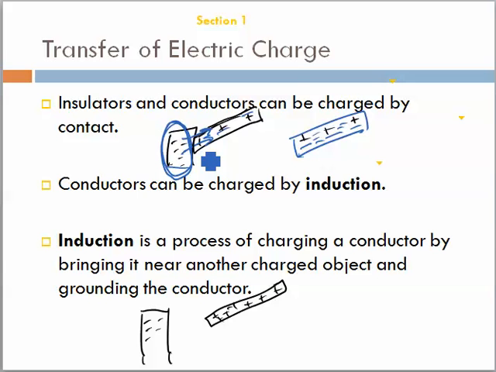So what I really want you to understand is when you charge something by conduction, the object is going to get the same charge. This over here was negative. This object over here turned out to be negative. When we do it by induction, it's going to be opposite. This is negative, and this is positive.